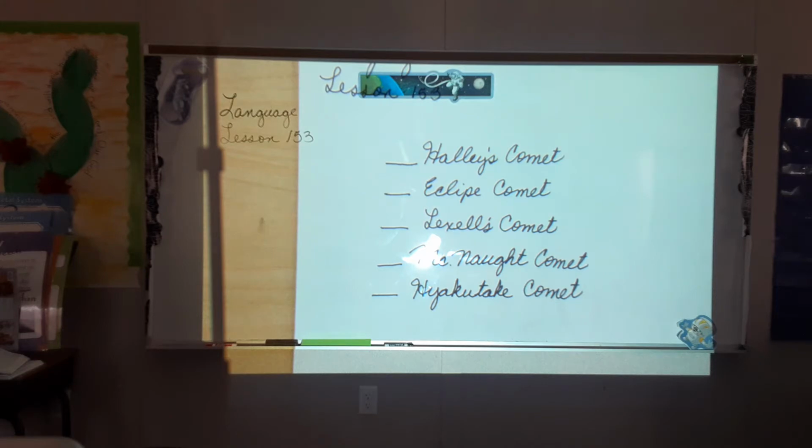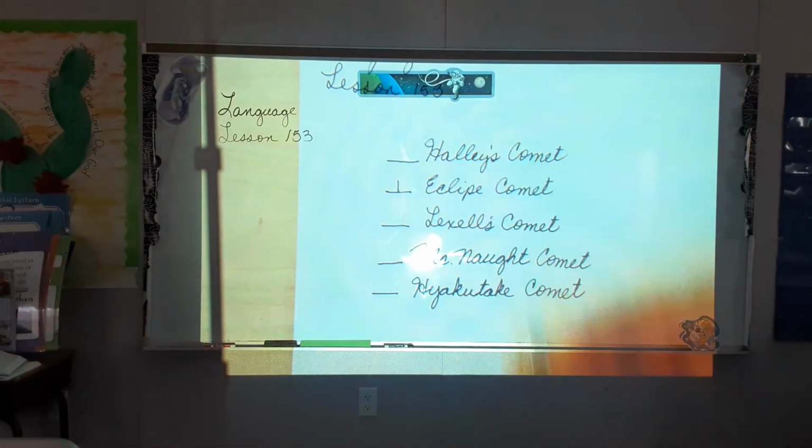Putting our comets in alphabetical order. My pencil just broke. One moment. Okay, so number 1, Eclipse.